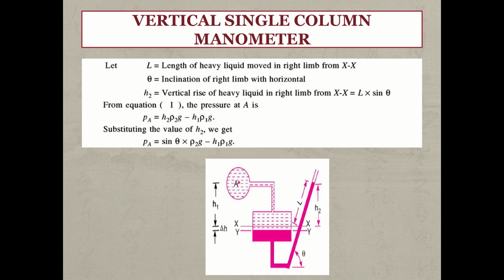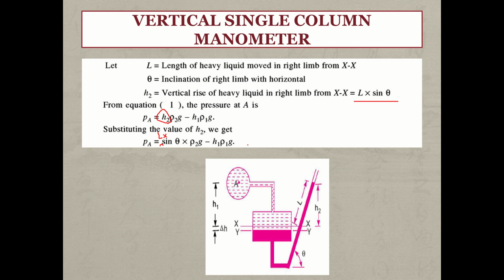Okay, so we already got the formula from the vertical single column manometer, H2 rho 2 G minus H1 rho 1 G. Just in the place of H2 you need to substitute L sine theta. So PA becomes L into sine theta into rho 2 G minus H1 rho 1 G.